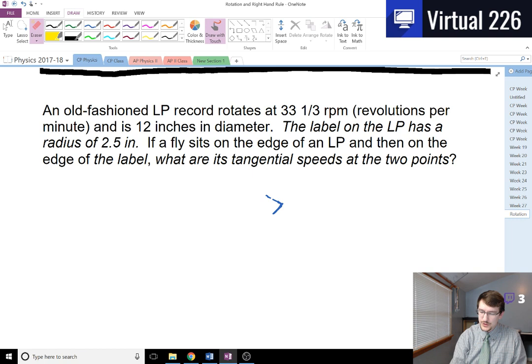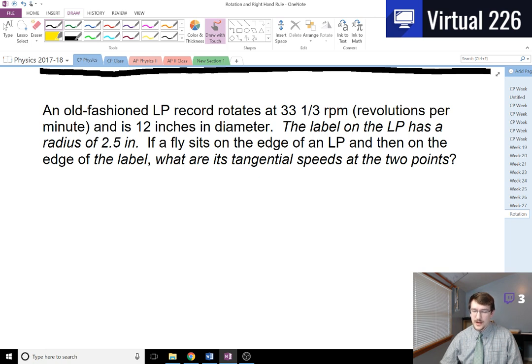Erasing all of that. Thinking about this, what we have is an old-fashioned LP or record, and they rotate at 33 1/3 RPM, or revolutions per minute, which you see in your car all the time, but that is a terrible unit for doing mathematical quantities.